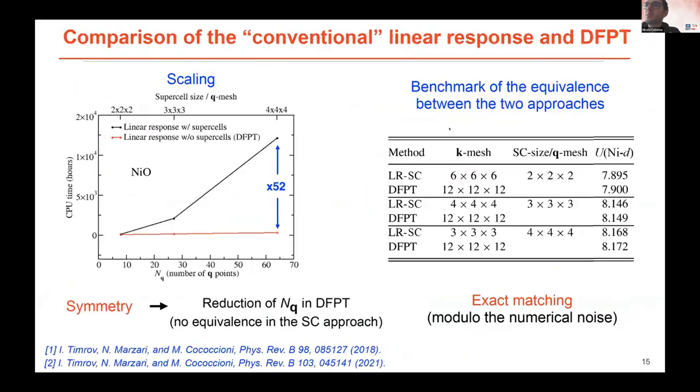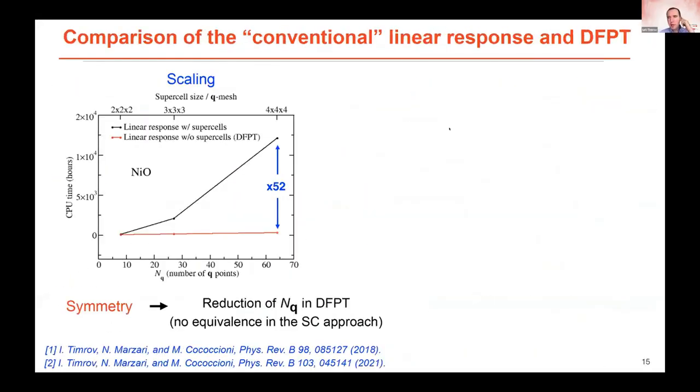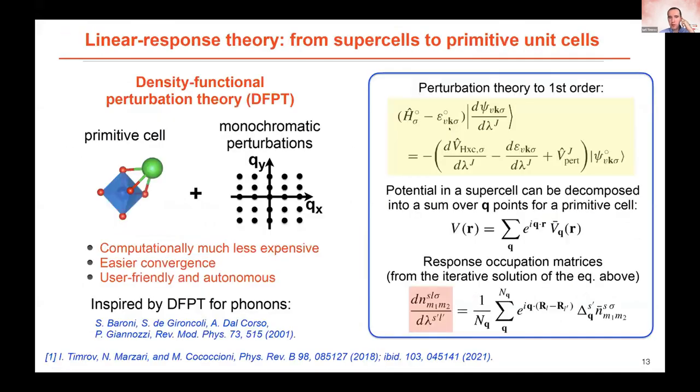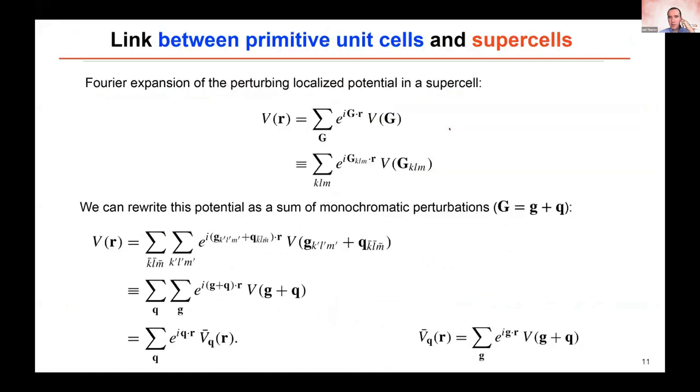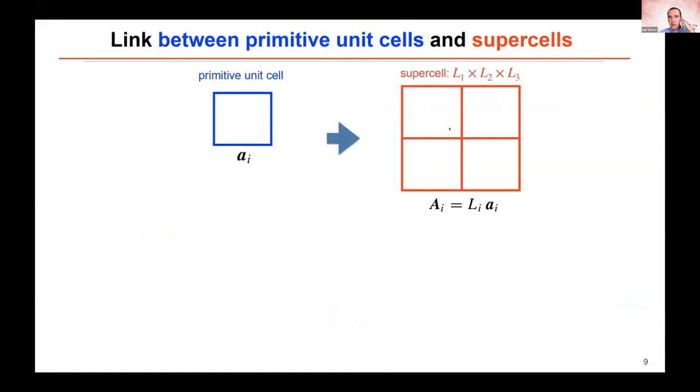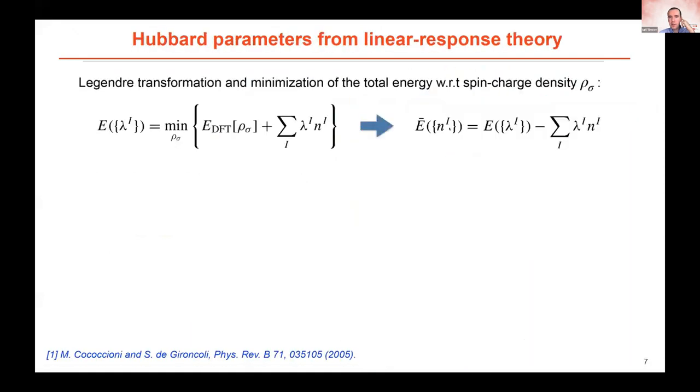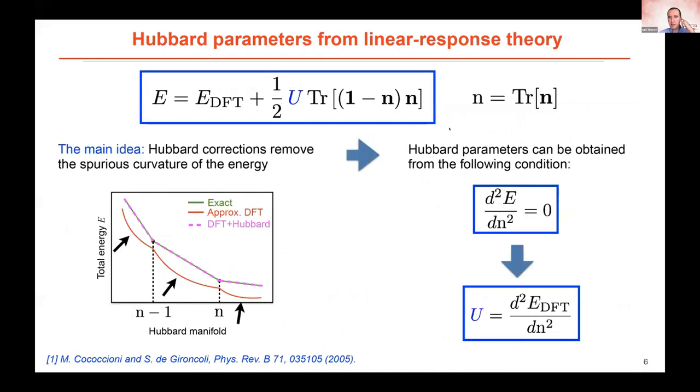Well, what I can say about this, we know this method very well. We're aware of it. In our case, with linear response theory, the definition of U is based on the second derivative, which makes a lot of sense, and we physically understand what it does. It's really removing the curvature, and that's how it's defined, and that's how we compute it. Instead, in ACBN0, the definition is different.